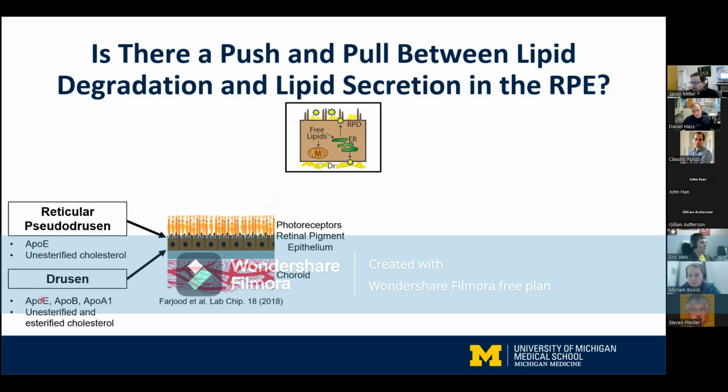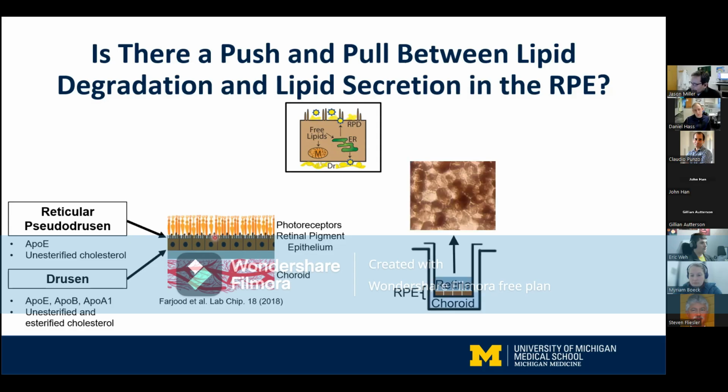So besides actual fats being secreted, we've been using ApoE as a proxy for the types of fats that the RPE is secreting, admitting that that's a definite assumption and that needs to be more proven.